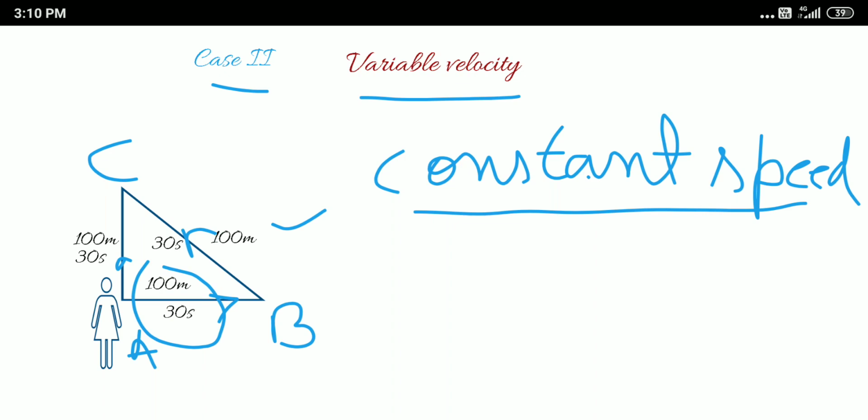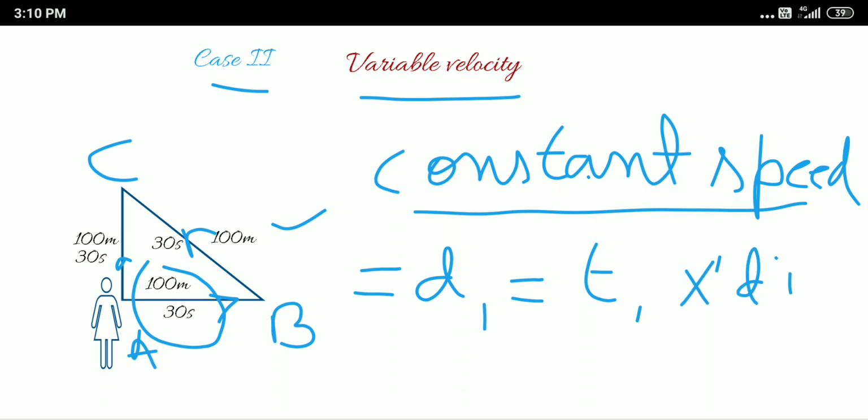So what is the second case? The second case is saying when an object travels equal distance in equal time interval but does not have a fixed direction. Correct?